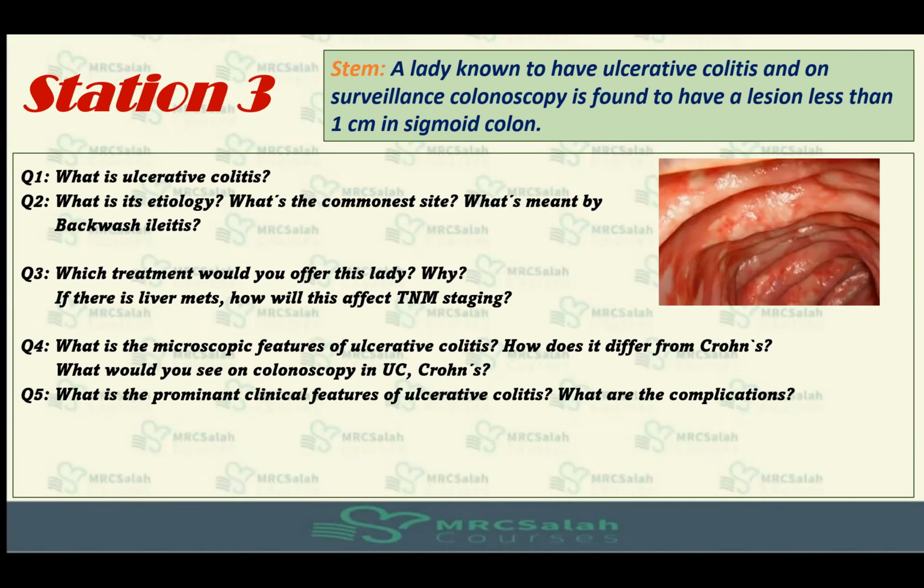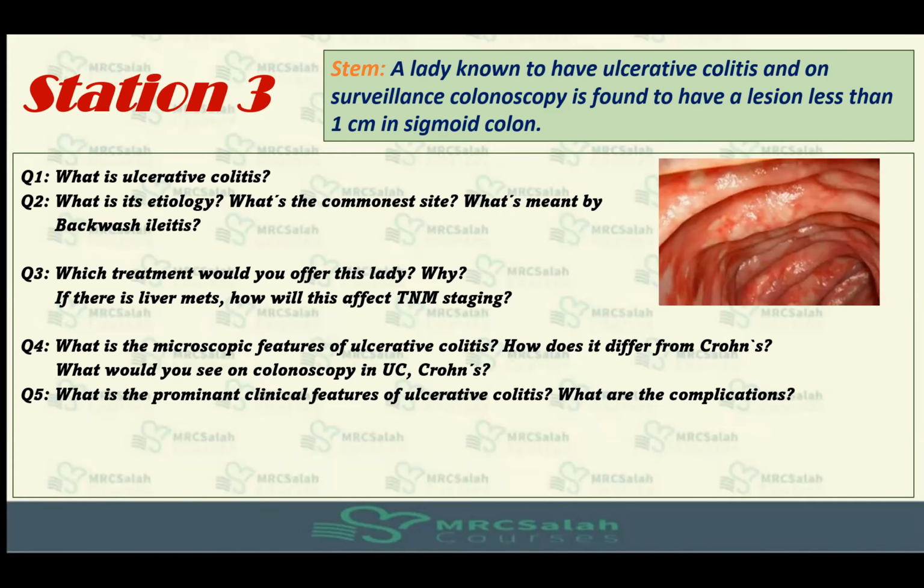Okay. What are the prominent clinical features of ulcerative colitis and what are its complications? What does the patient have? Colicky abdominal pains, diarrhea, and tenesmus. As for the complications, the patient may have malabsorption, megacolon, toxic megacolon, gallstones, malignancy. Yes, malignant transformation, right?